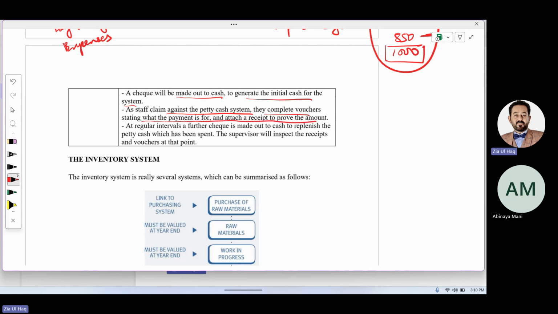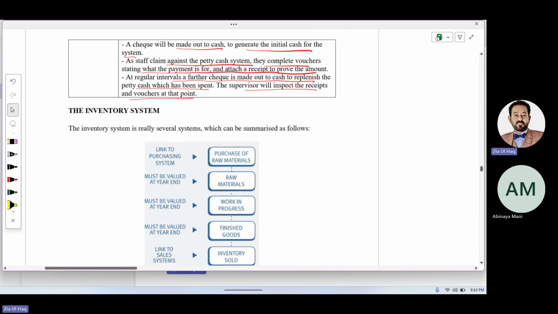This means the clerk will pay expenditure from this float, and he needs to maintain records like voucher receipts, etc. At regular intervals, a further check is made out for cash to replenish the petty cash which has been spent. This means every month you will give a check for the remaining amount. The supervisor will inspect the receipts and vouchers at that point.